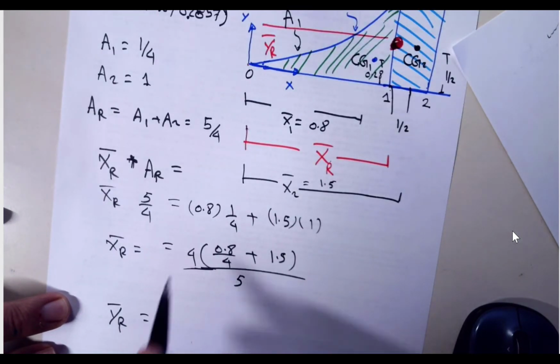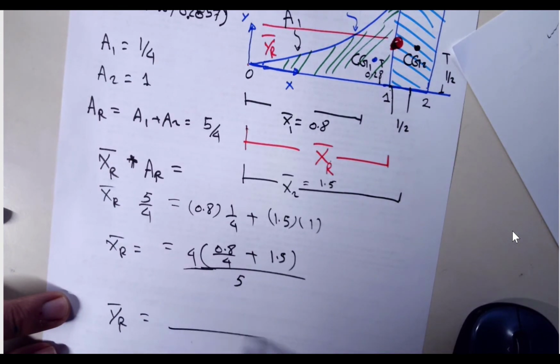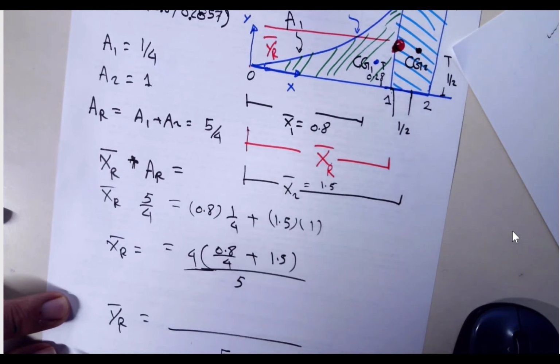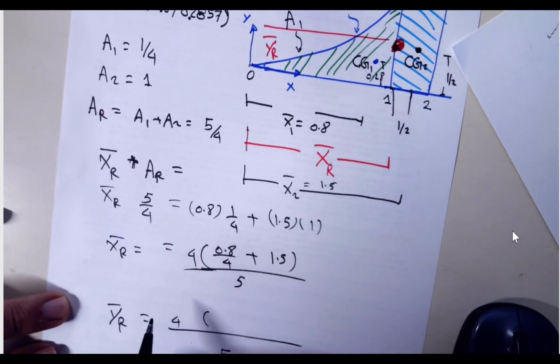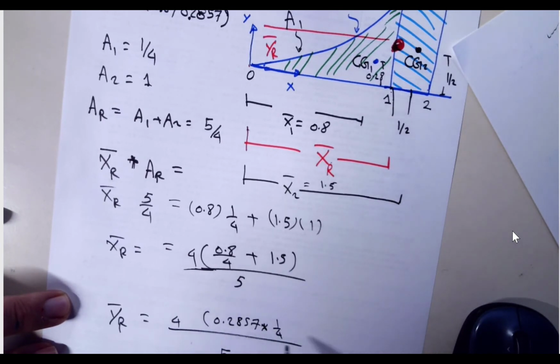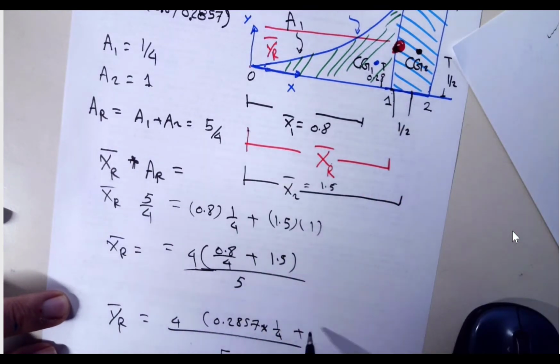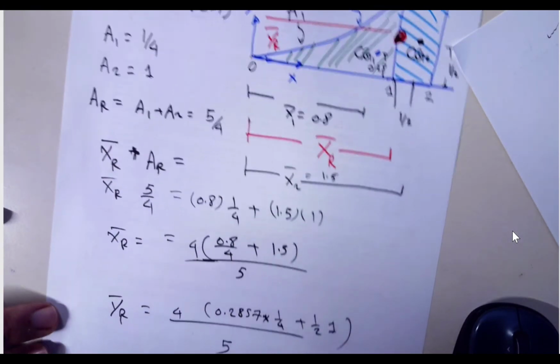So this is going to be equal to the total area multiplied by the moment of each one, and the moment is equal to 0.2857 multiplied, I'm just quickly doing it, over 4 plus, now the height stays half, so it's half multiplied by the area, so that's going to be your y bar.